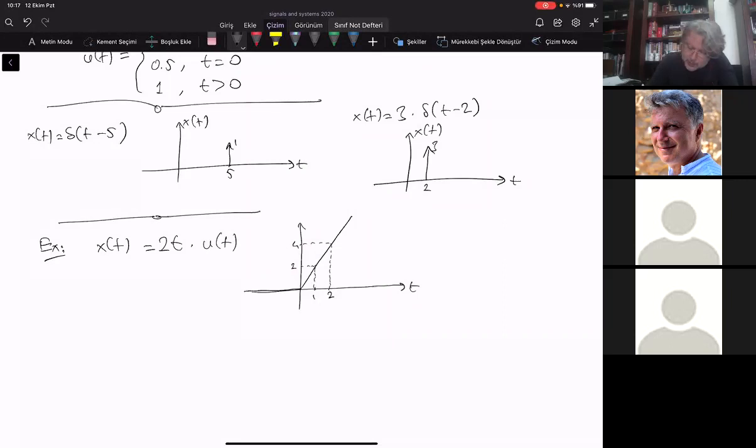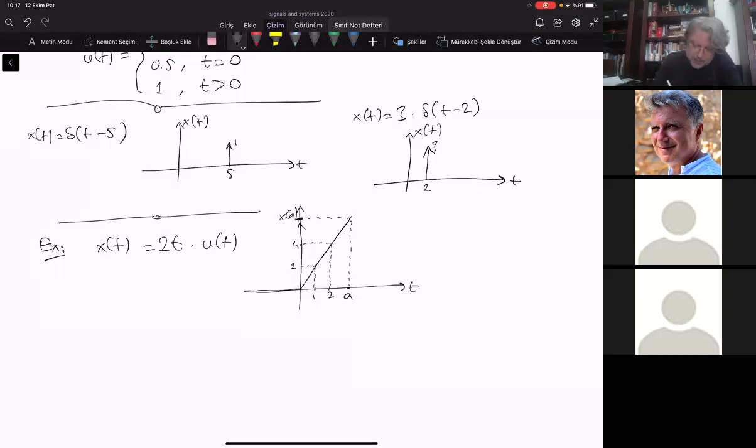Now, suppose that at a certain point a, what is the value of the signal? We know that it is 2a because the function is given to you. But for any x of t, the way to find x of a, which is this point, is by sampling that point.